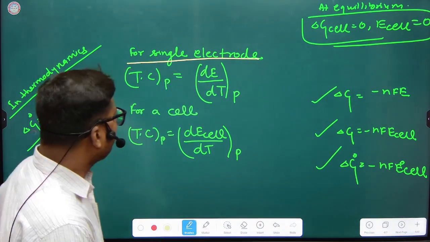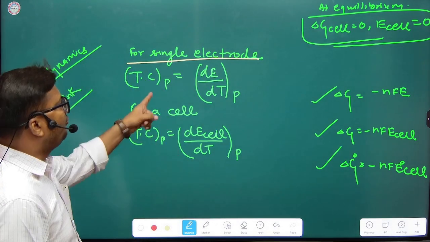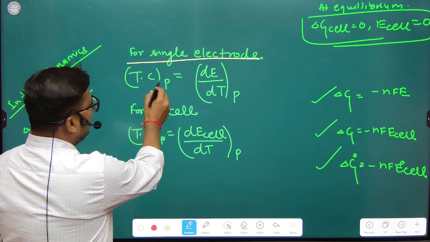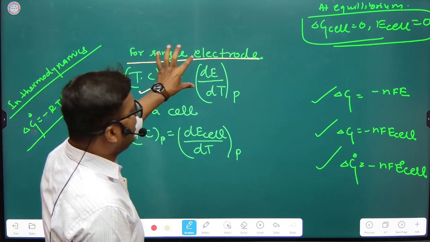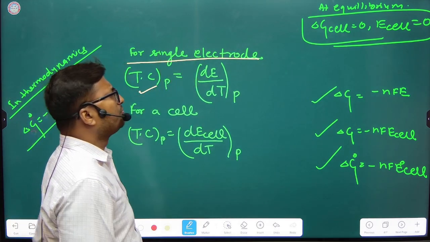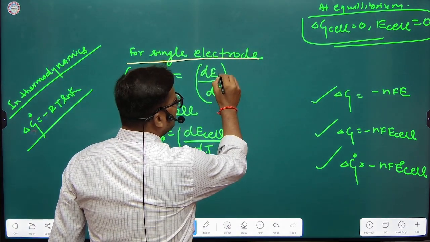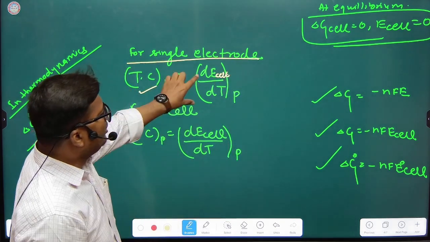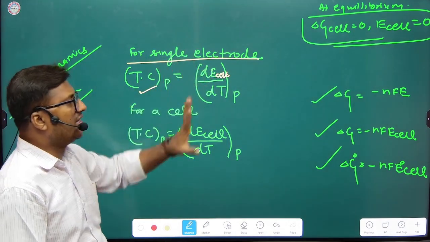So this temperature coefficient is actually defined at constant pressure. TC, temperature coefficient at constant pressure, is defined as the change in EMF or cell potential with respect to change in temperature at constant pressure.